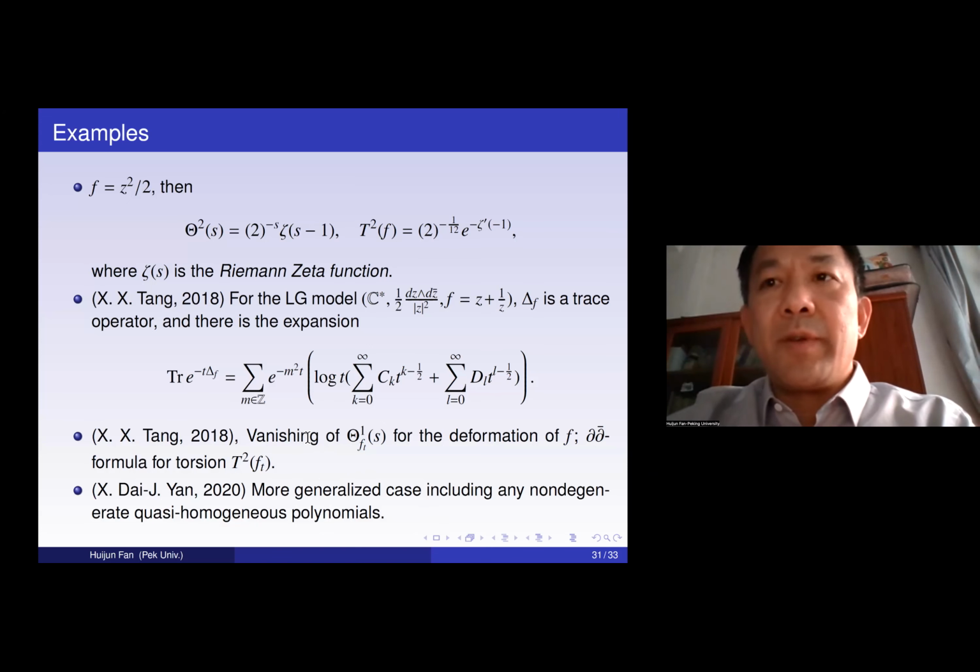So this is the story for the genus one case. It's conjectured that the torsion invariance defined here should be related to the genus one potential function from Gromov-Witten theory, and also related to the BCOV torsion appearing in the Calabi-Yau hypersurface.